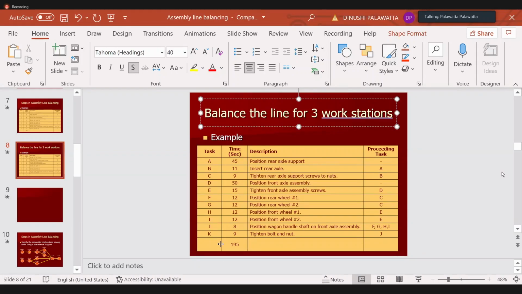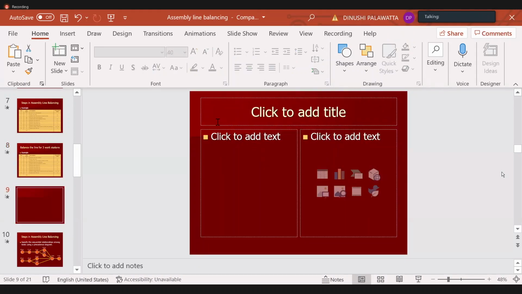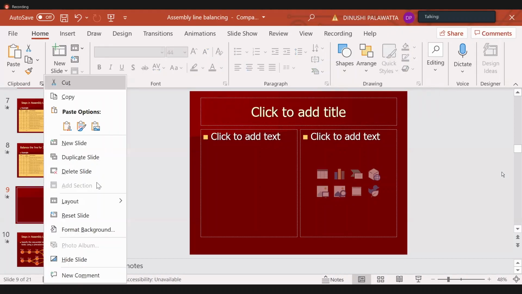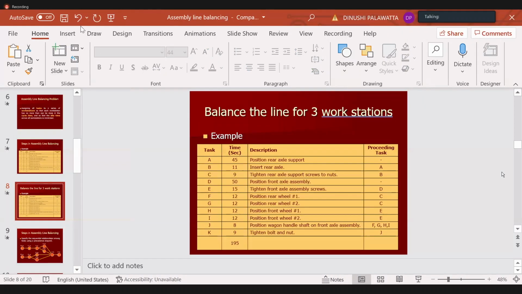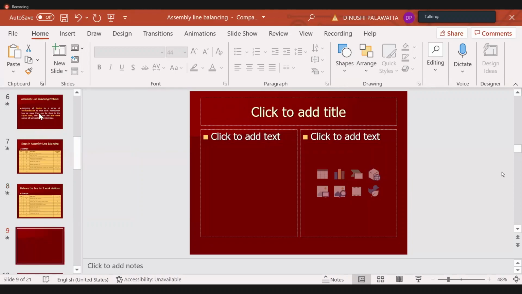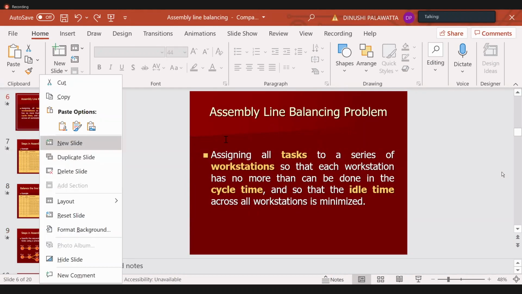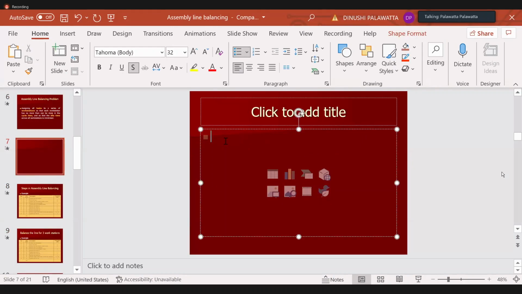Here we only have the precedence, and we have the total time, which is 195. So then we need to create 3 workstations.